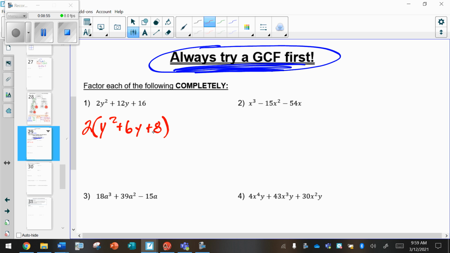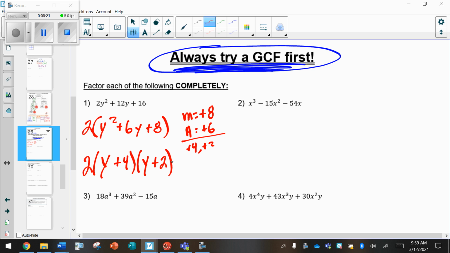So to factor this again, because it's just a 1 in front of our squared term, a coefficient of 1 means it's the easy kind of trinomial factoring. So what two numbers multiply to be a positive 8, and the same two numbers add up to be a positive 6? So keep your GCF. The fast factoring way means the factors that you found that satisfy the given conditions are the factors that make up your answer.